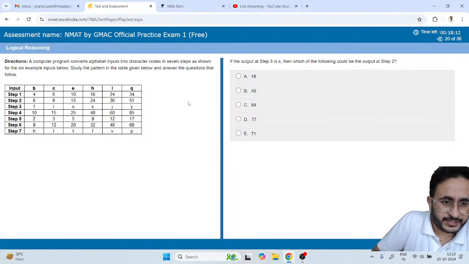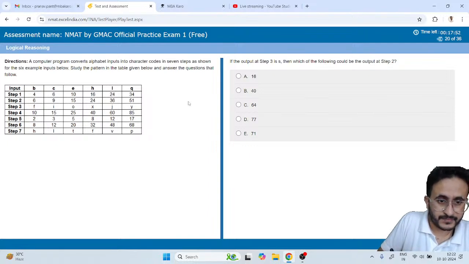Step four is input into five. Step five is again the input. Step six is input into four. So it's an easy one. And step seven is input into LT. Step six in alphabets.